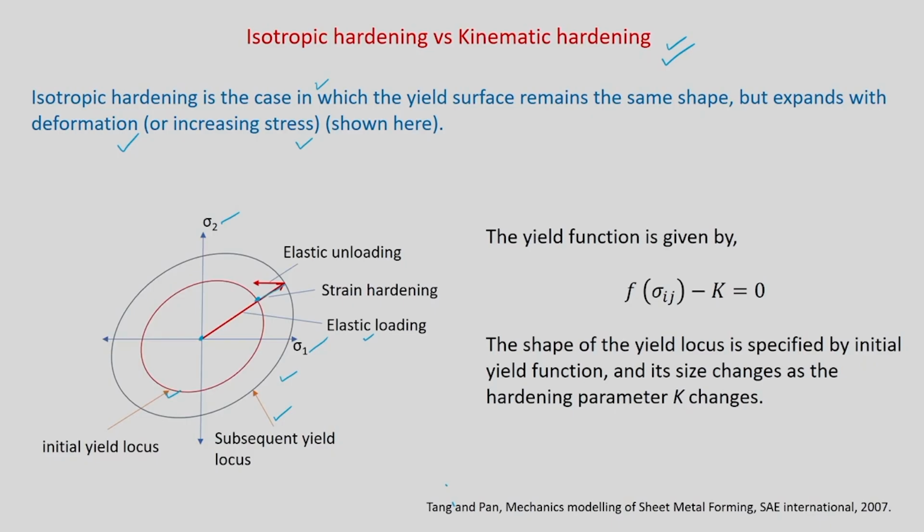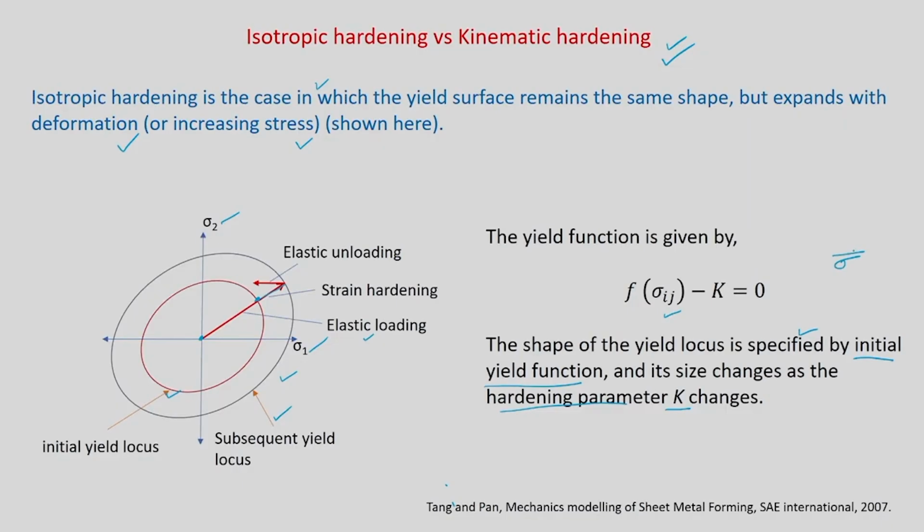And the yield function, which you already defined, in a simple way you can write as f minus k equal to 0, which also tells the fact that the shape of the yield locus is specified by the initial yield function f, and the size changes with respect to the hardening parameter k. I hope you remember that we introduced this at the end of the von Mises yield function, where we discussed sigma bar.